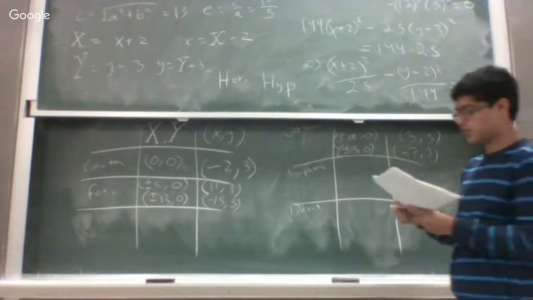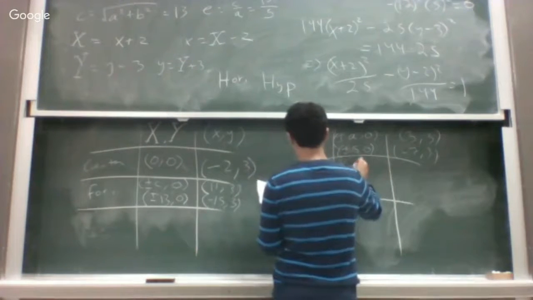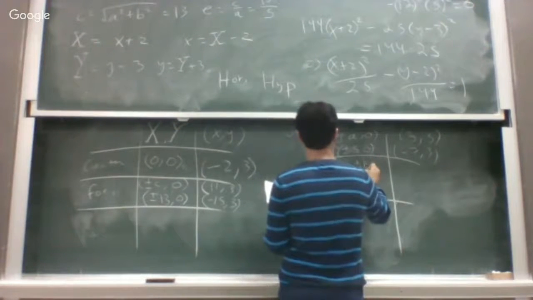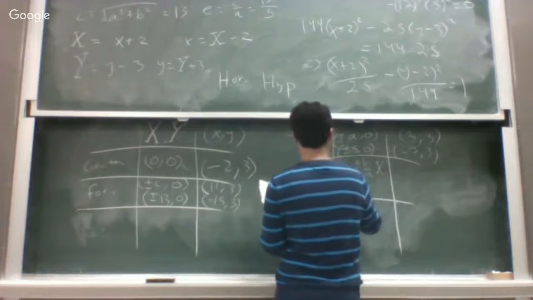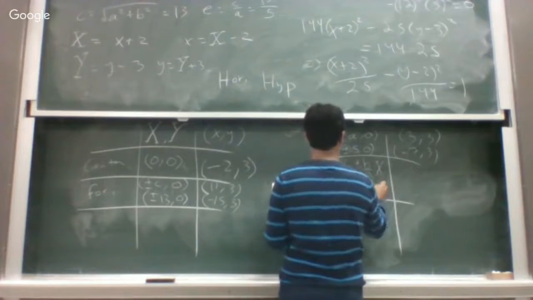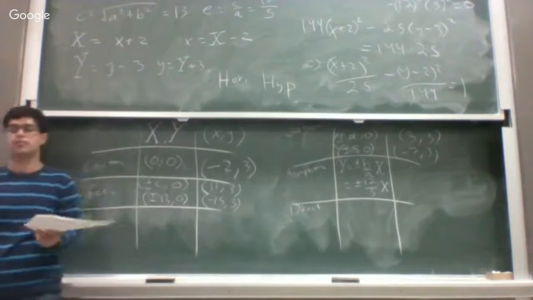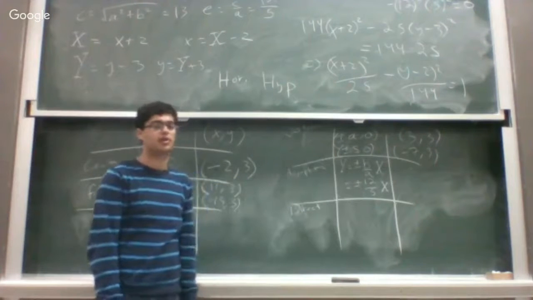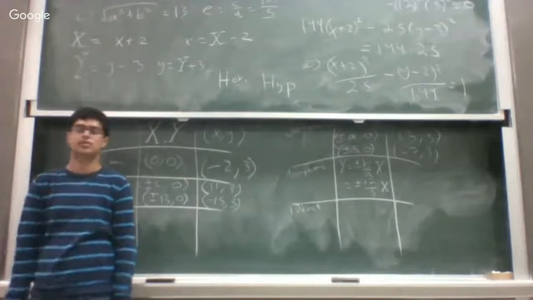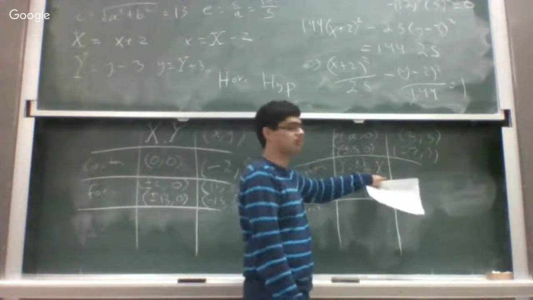For asymptotes, do you guys know the formula? Yep, plus or minus b over a times big X in this case. So we have plus or minus 12 over 5 big X. Why is it big X? Because we're right now looking at big Y and big X. And then we convert that by plugging in what big Y is equal to and what big X is equal to.